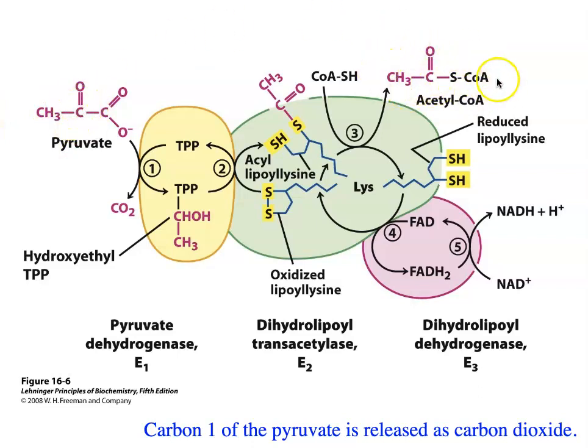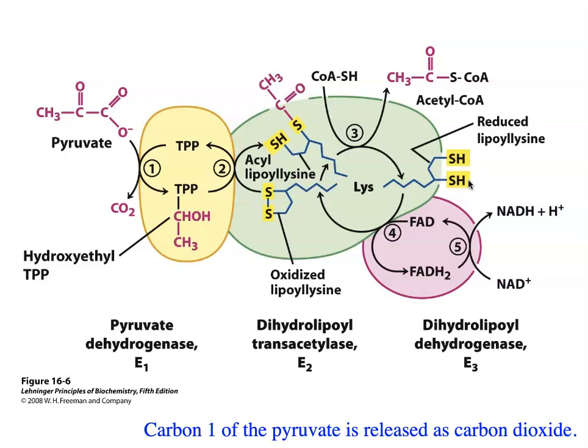Now, this acetyl-CoA is activated for something that will follow, and we'll see what that is in a little bit. But the electron pair has to be harvested, and this lipoyl lysine cannot just go to the oxidative phosphorylation pathway and leave it there. Something needs to deliver it.